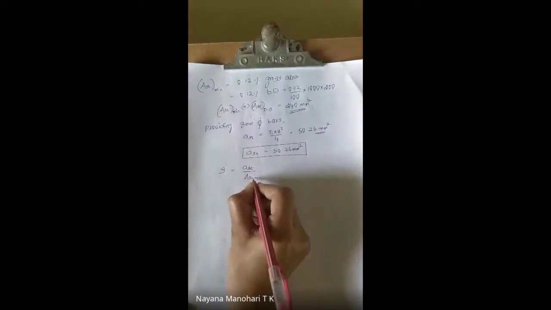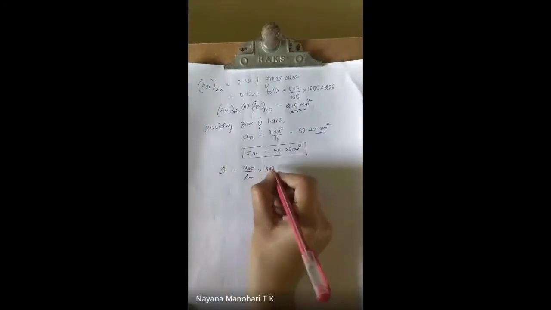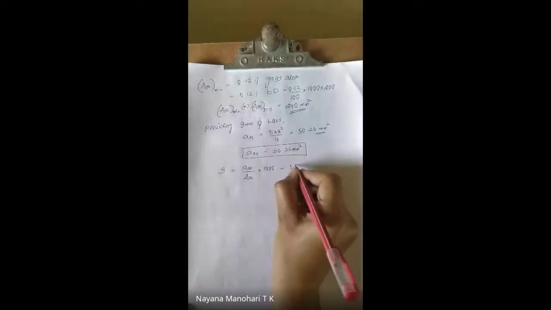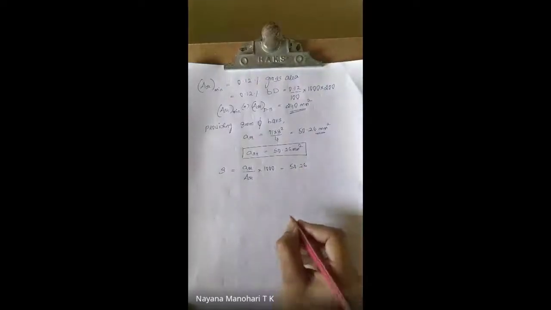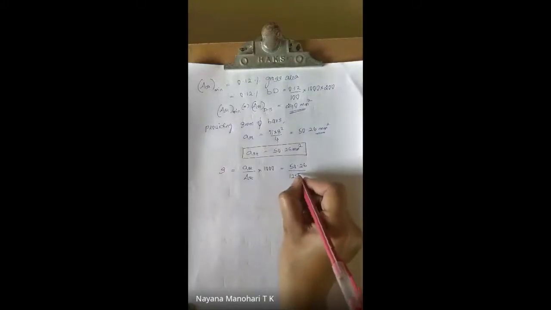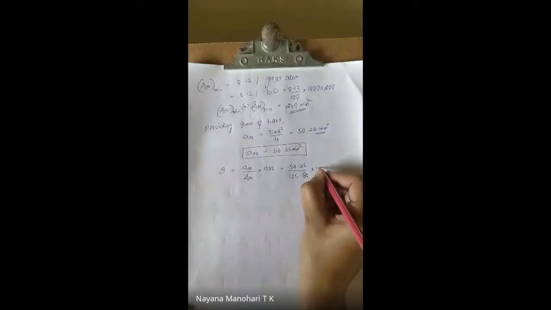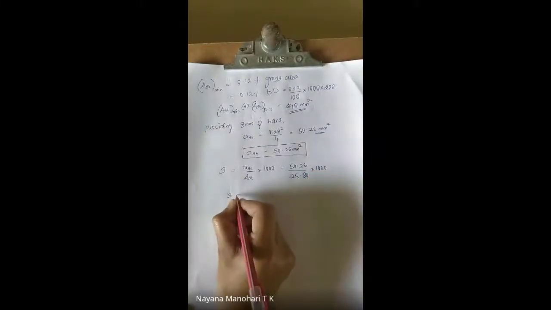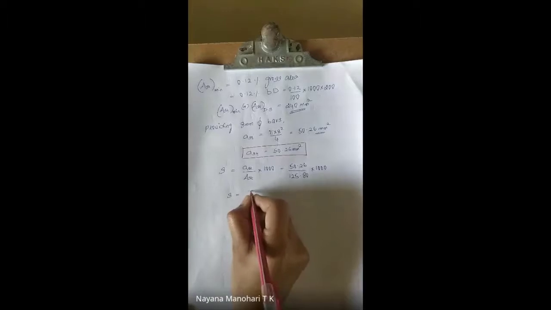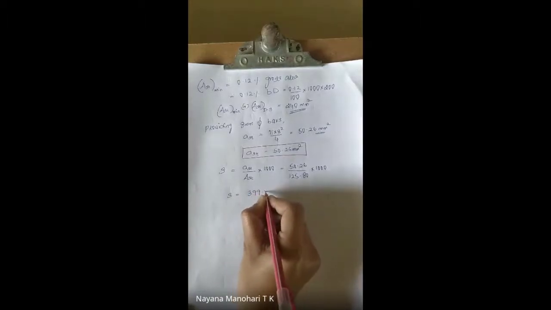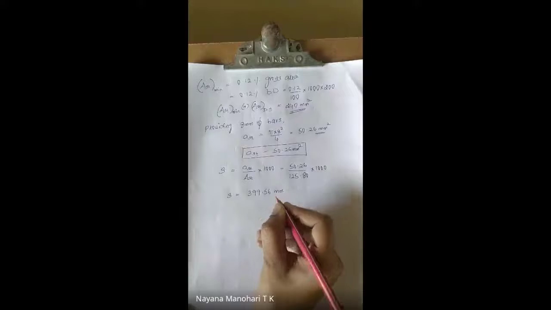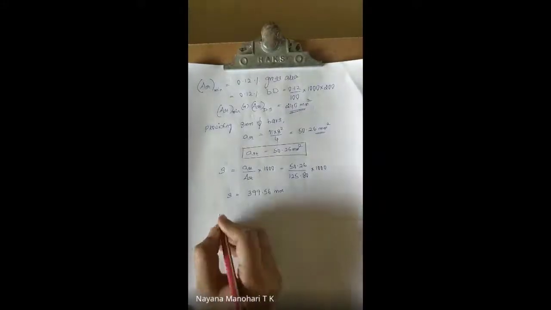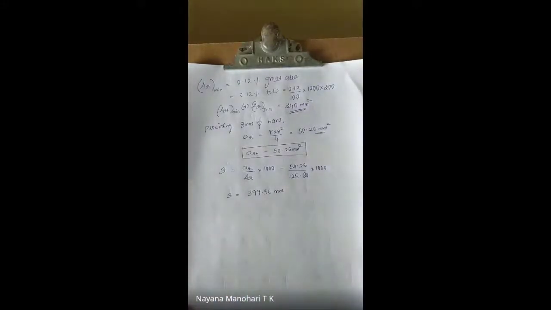It is given by small AST divided by capital AST multiplied by 1000. Small AST is 50.26 divided by the capital AST you calculated, 125.80, multiplied by 1000. You will get the spacing as 399.56 mm.